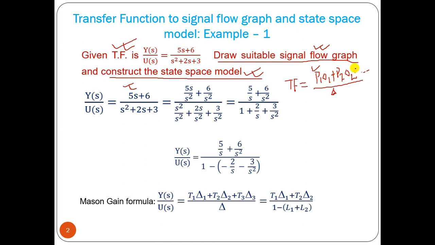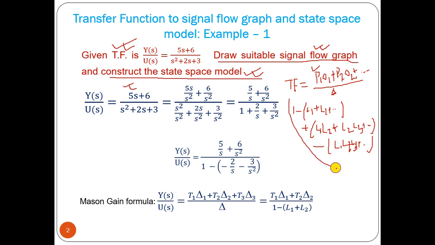Then we divide by delta, the determinant, which is 1 minus the individual loop gains, plus the gains of two non-touching loops, L1 L2 plus L2 L3 and so on, minus the gains of three non-touching loops, L1 L2 L3, and so on. This is the way we find delta.